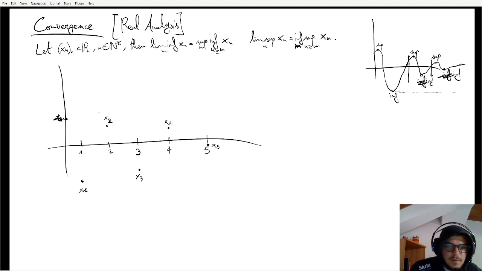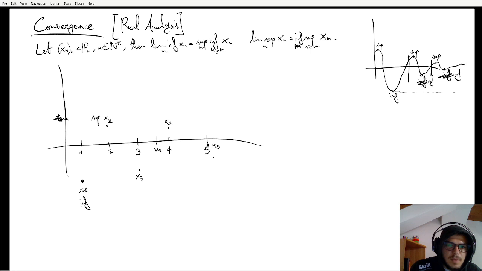This is the infimum up to here, this is the supremum, and for example, let's say we consider this as threshold m, the lim inf is the supremum of the infimum for n larger than m.